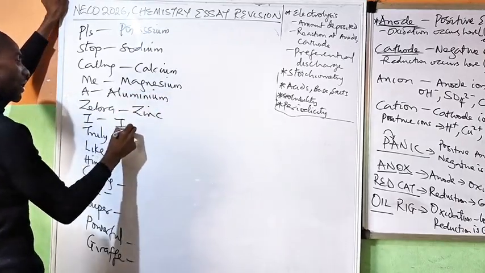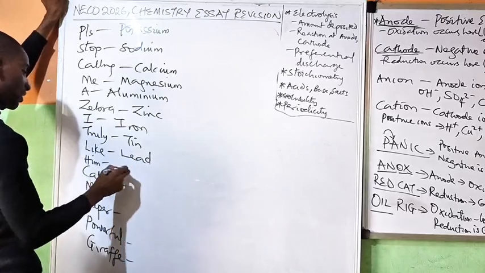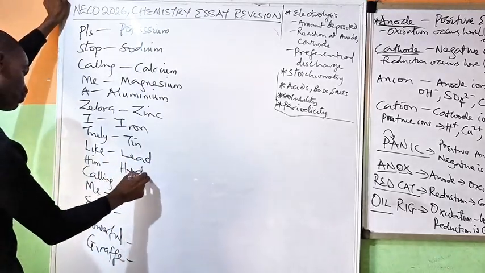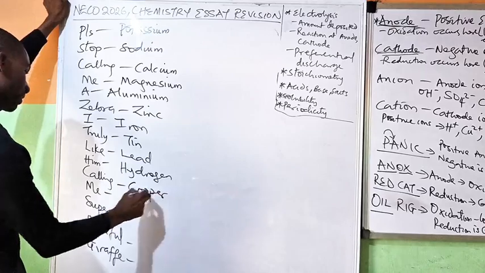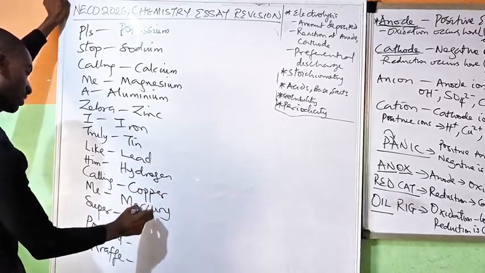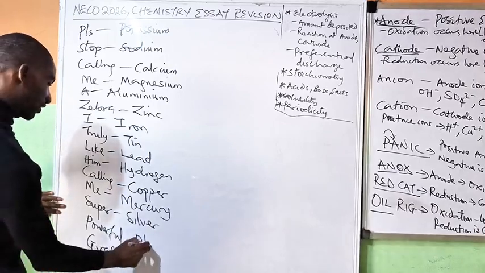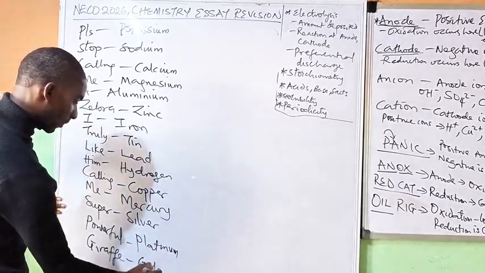This is iron, this is tin, this is lead, this is hydrogen ion, then this is copper ion, then this is mercury, this is silver, this is platinum, and G is gold.